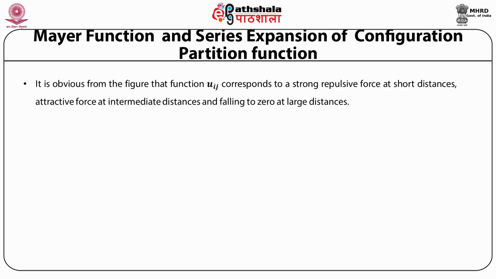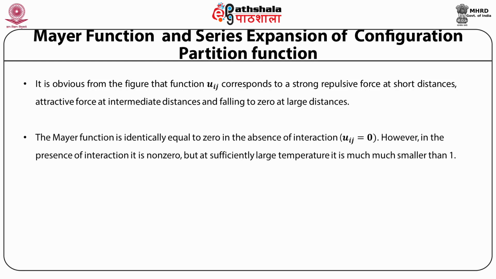It is obvious from the figure that the function u_ij corresponds to a strong repulsive force at short distances, attractive force at intermediate distances, and falling to 0 at large distances. The Meyer function is identically equal to 0 in the absence of interaction, that is u_ij equal to 0.